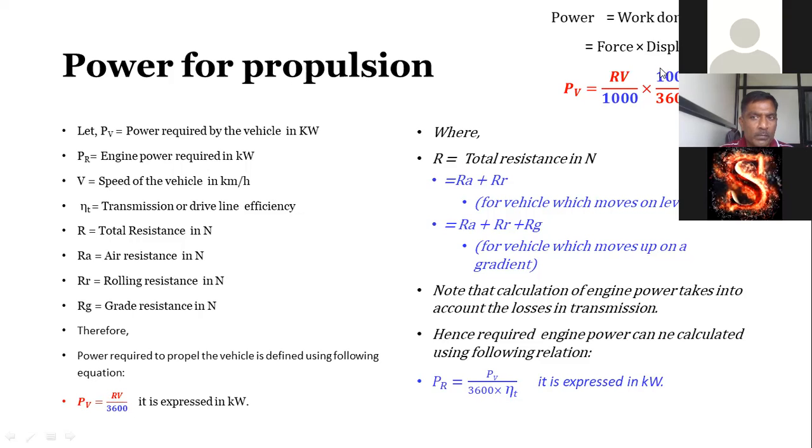So here, this is the velocity or the speed that we are going to consider, and this force means resistance. Speed is given in kilometers per hour, so we are going to convert it into meter per second.